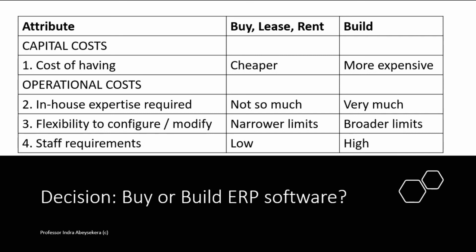If it is built, then to operate the software, there has to be staff, because it's a unique product that the enterprise owns and has to be maintained and taken care of.